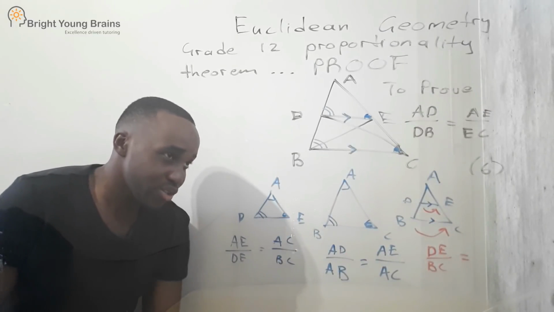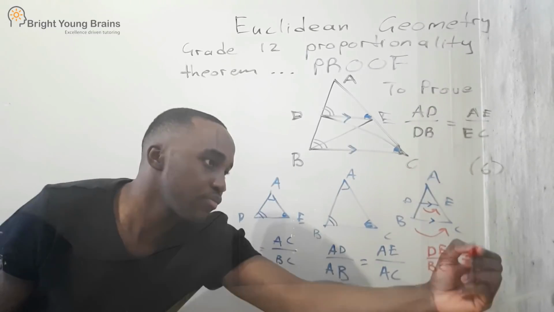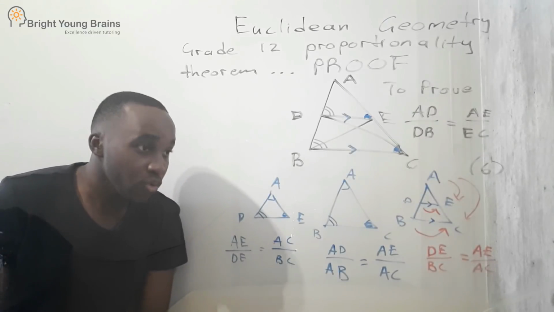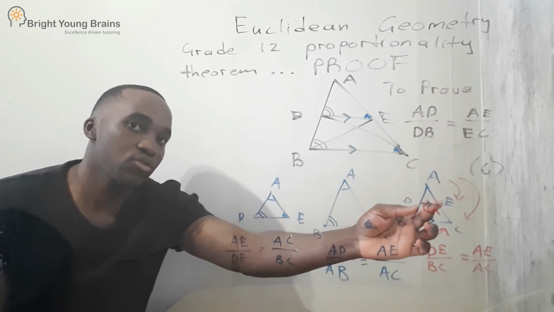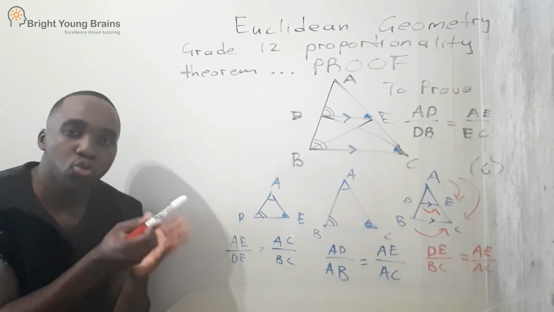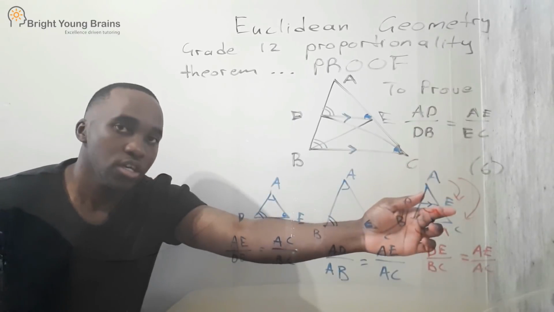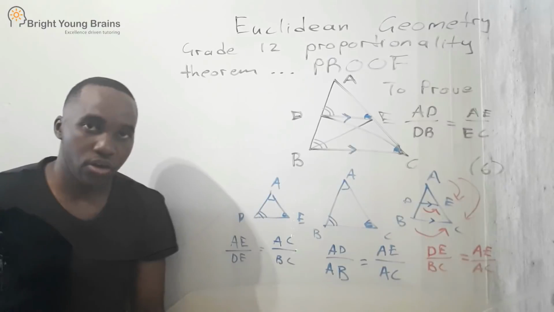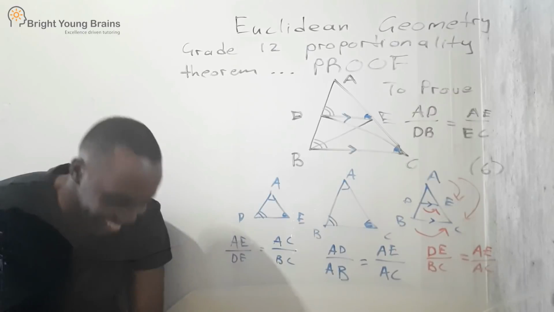So for the small one, I can also pick, for example, AE over AC. What we have written down is valid because we have taken corresponding lines, lines that go together. We said it is equal to AE, which is for the small triangle, over AC, which is for the big triangle. You see, I keep saying you see, I hope you do see.